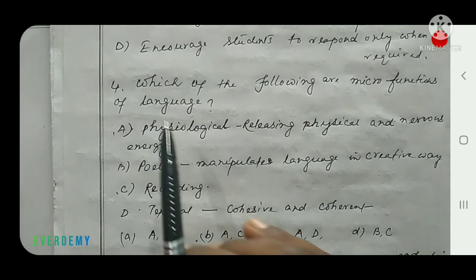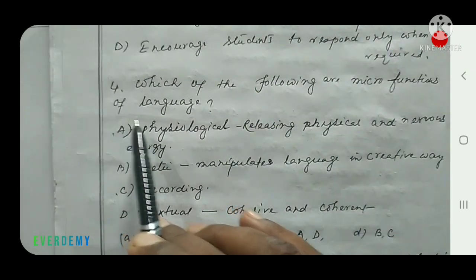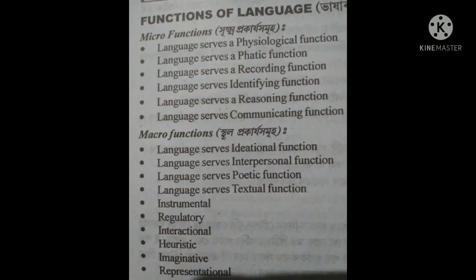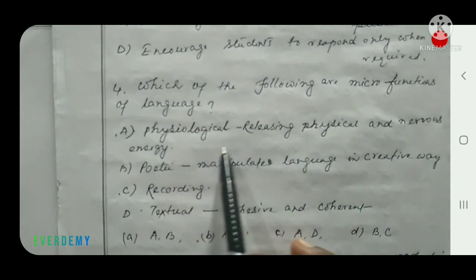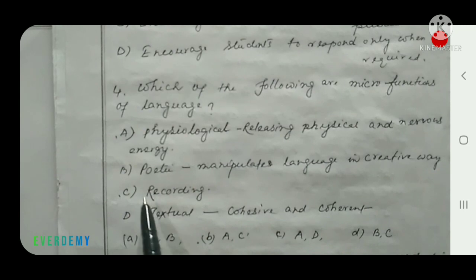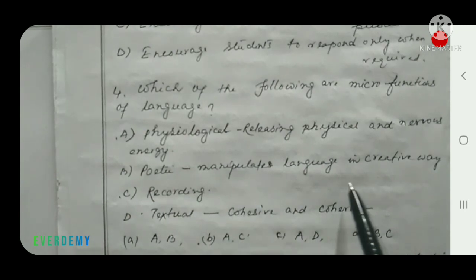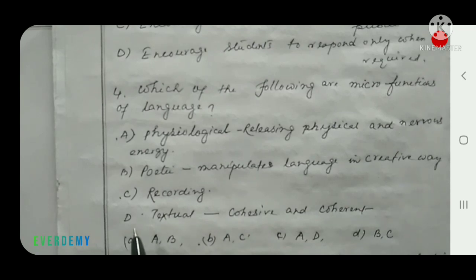Next, which of the following are microfunctions of language? Here physiological function is a microfunction. Then poetic is a macrofunction, which manipulates language in a creative way.